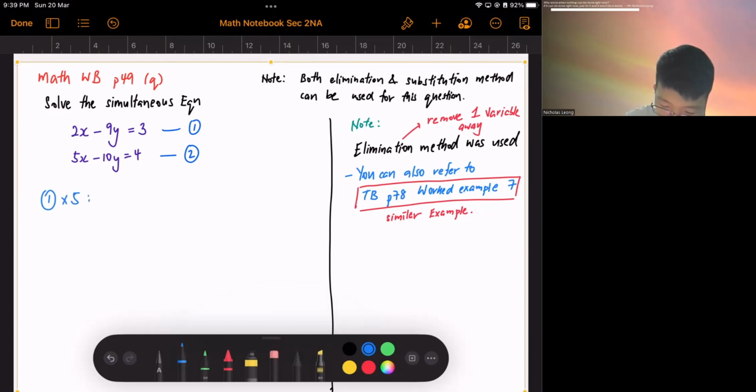So I get 10x minus 45y equals 15. Every single term is multiplied by 5. I will tell you why we do this afterwards. Next, for equation 2, I will multiply by 2.